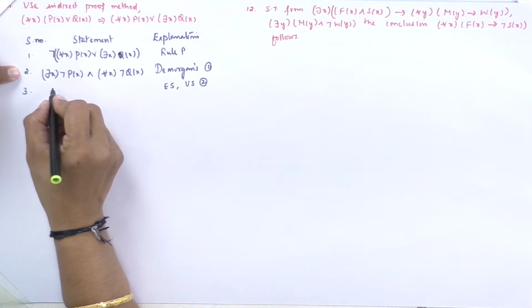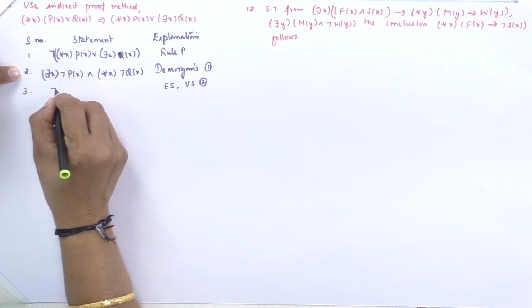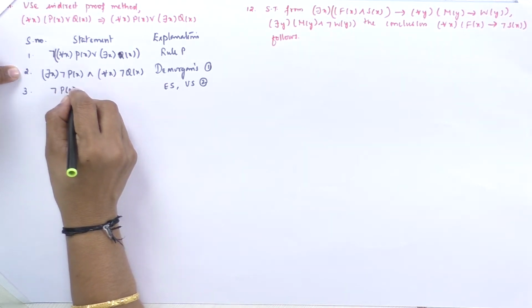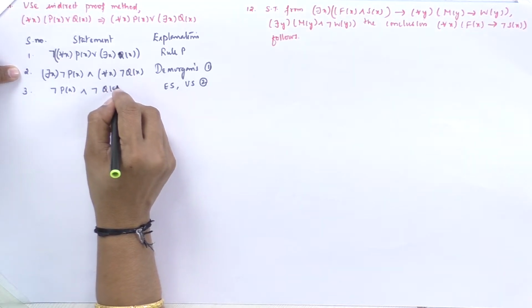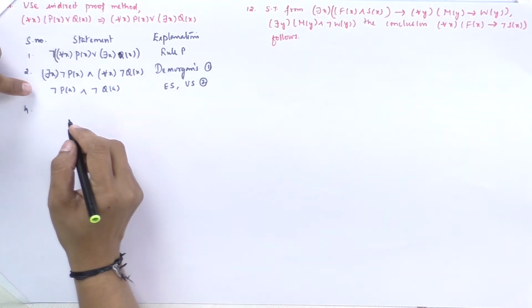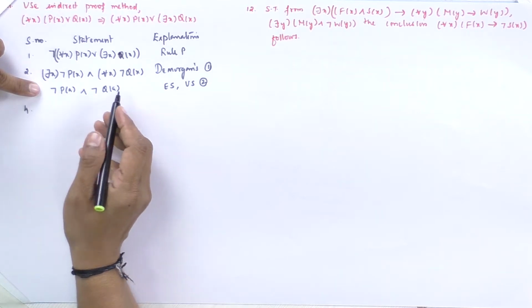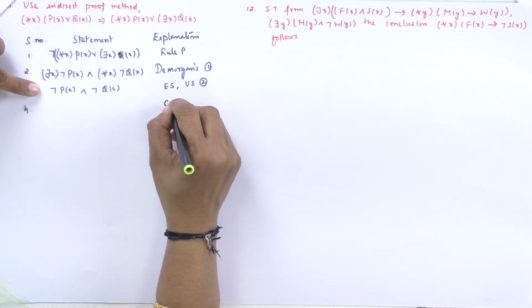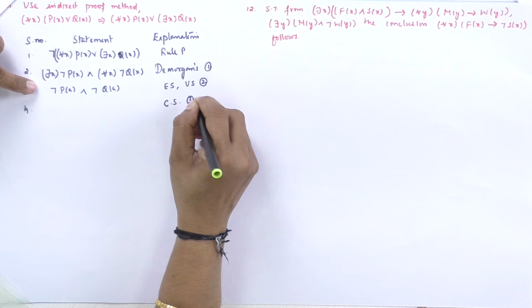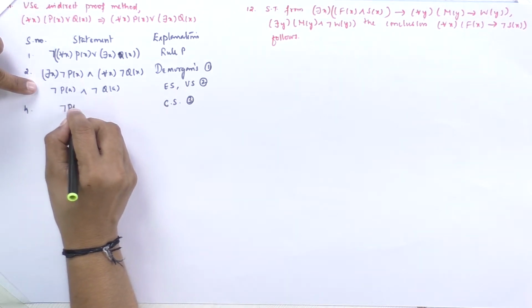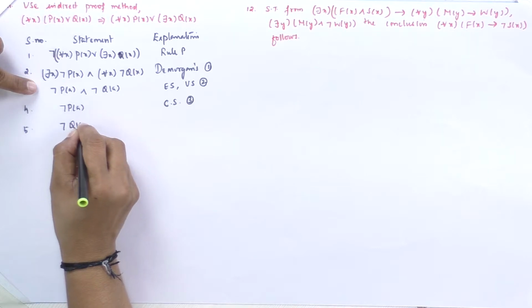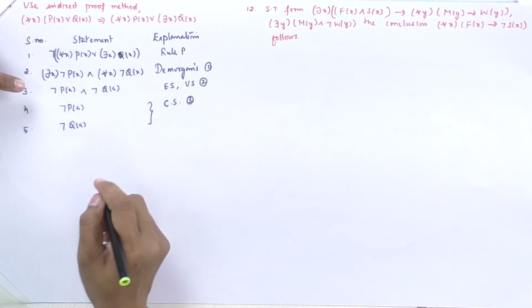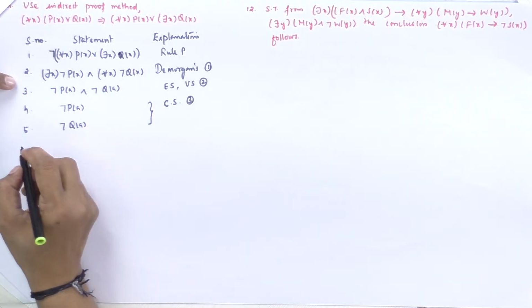If I apply simultaneously, I get negation P of A and negation Q of A, right. Now I can go by conjunctive simplification on 3, we can have not P of A, and not Q of A.